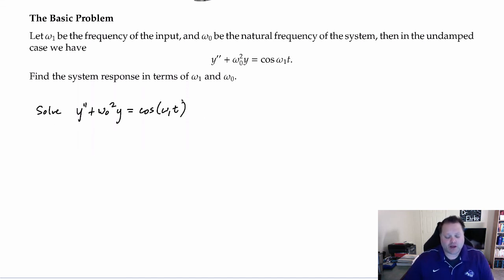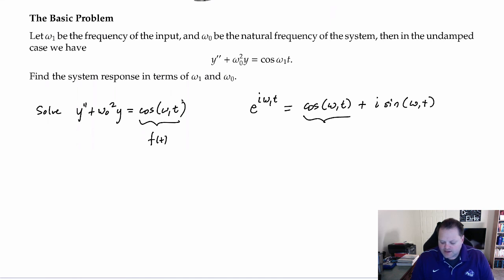The thing I have on the right-hand side, I'll call this f of t. e to the i omega 1t is cosine omega 1t plus i sine omega 1t. And you can see that the forcing function f of t is part of this complex exponential. So I'm going to call this complex exponential f_c of t to describe it as being the complex version of our forcing function, f sub c, f complex.